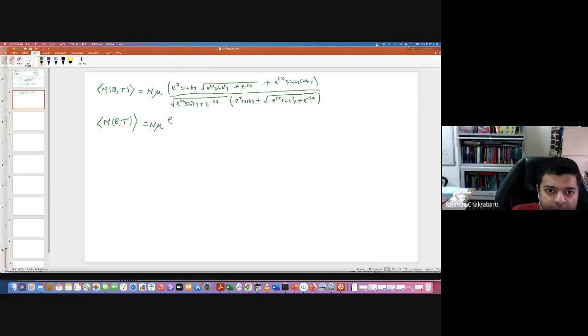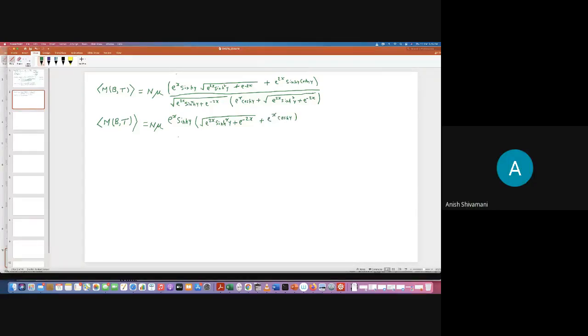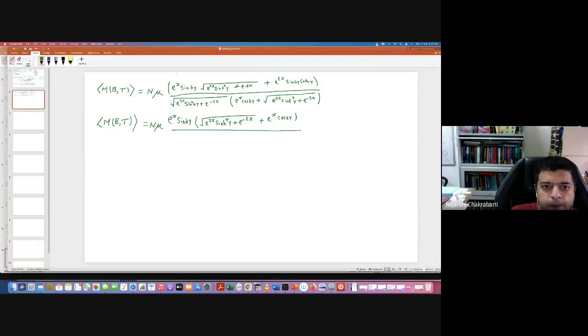So I take the exponential of x common, and what I have here is this.